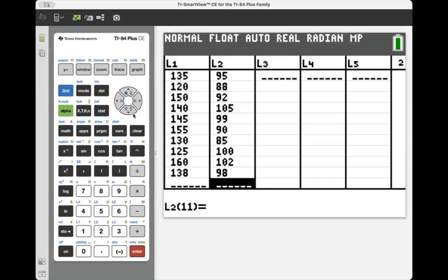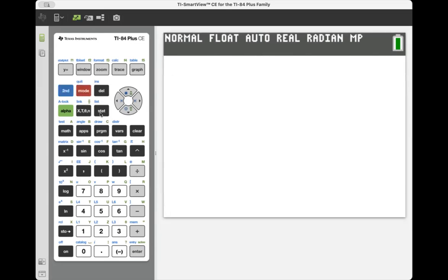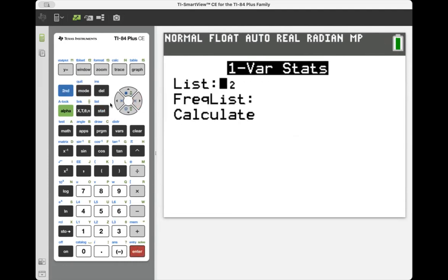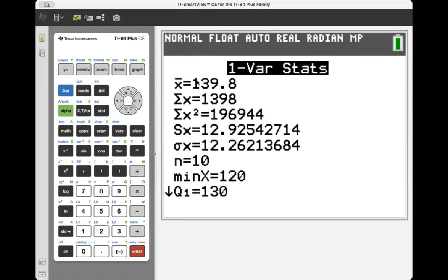Okay, so let's do patients with diabetes first. Quit this screen. Stat, Calc, 1-Var Stats, L1, where our data with diabetes are, and enter. The mean of that group of numbers is 139.8.